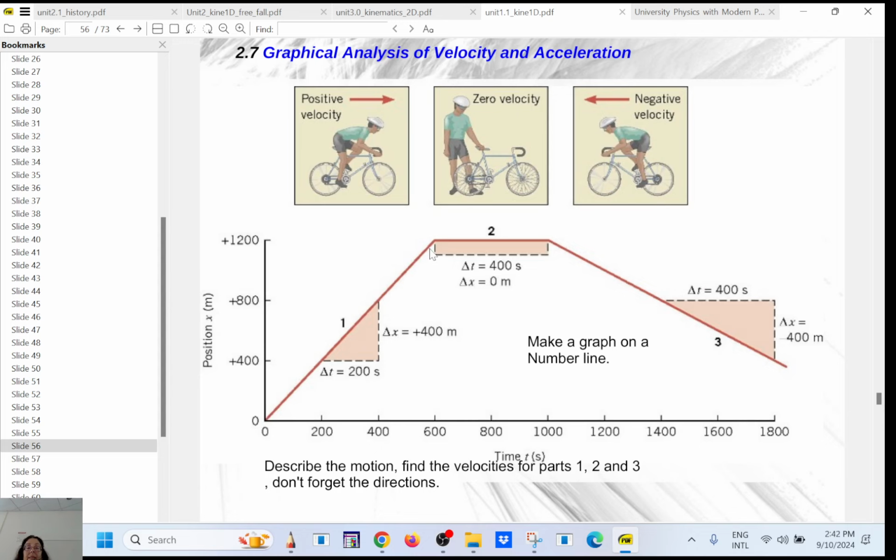What's happening between 600 seconds and 1000 seconds? Stops. Does it? Because the slope is 0. So no velocity. He is at a constant position, so it's not moving. So the position does not change. You see, he's resting, he's tired. What about here? Is the slope positive or negative? Negative, so that means he's moving to the left.